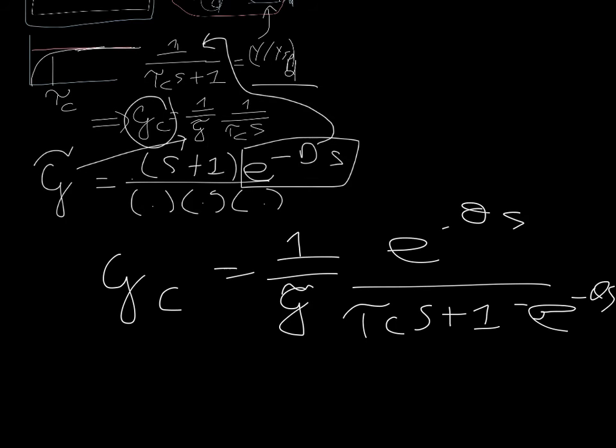And we have another problem. We've removed the problem of having these positive dead times in the inverse by accommodating that in our desired output, but we haven't removed the problem of being able to calculate this transfer function.